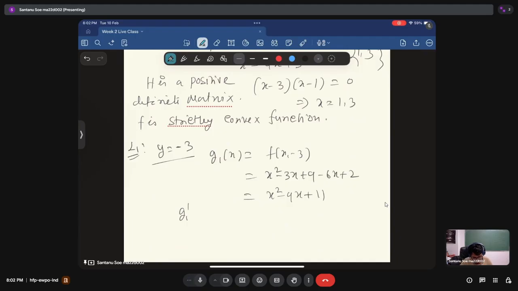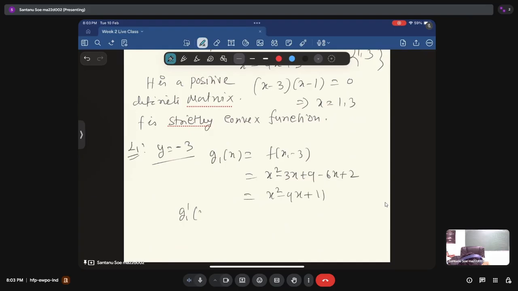Since we are evaluating the function on the line y equals minus 3, we can just substitute the value y equals minus 3. Then the function is reduced from two variables to one variable. Now we can use the first derivative test of one variable, which we have seen in real analysis, and then we can find the critical points and the points of local minima or maxima of g1.